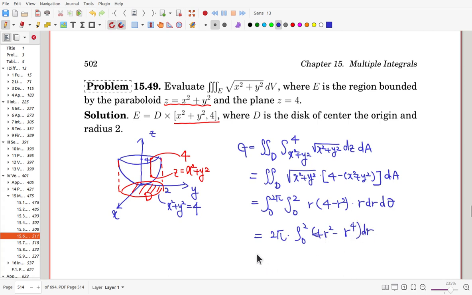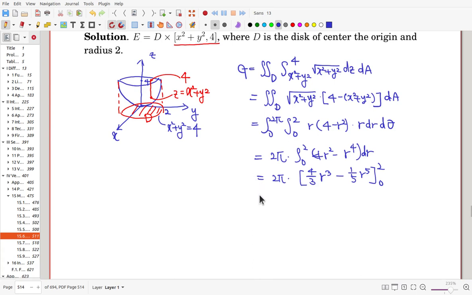Then the r integral is from 0 to 2 of 4r squared minus r to the 4, dr, so that is 2 pi times 4 over 3 r cubed minus 1 over 5 r to the 5, with r from 0 to 2. Right?